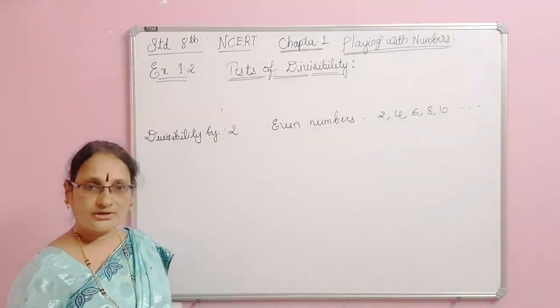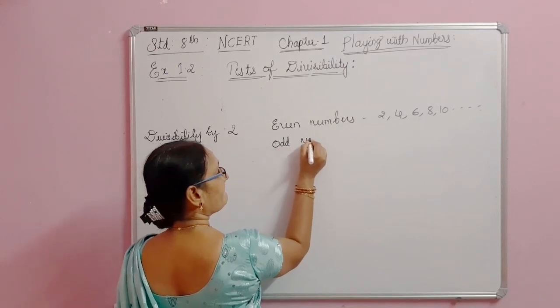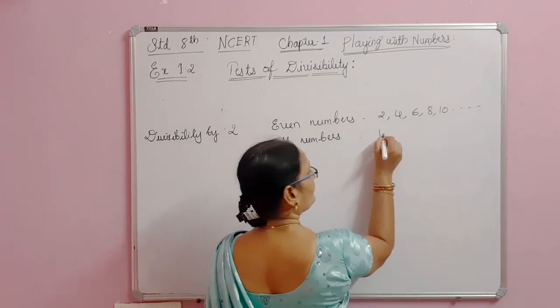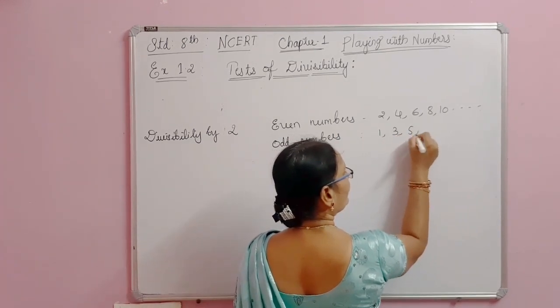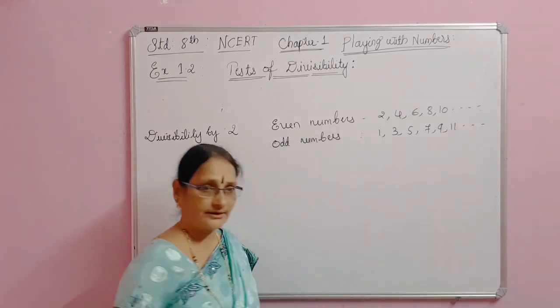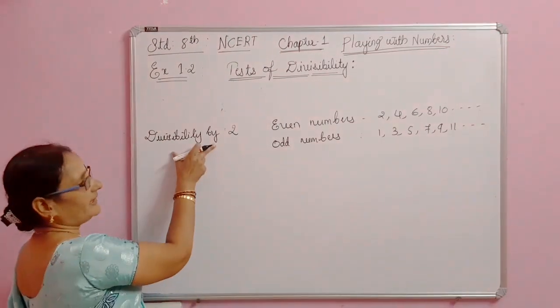These are called even numbers. Which are the odd numbers? 1, 3, 5, 7, 9, 11 and so on. These are odd numbers. Now divisibility by 2.